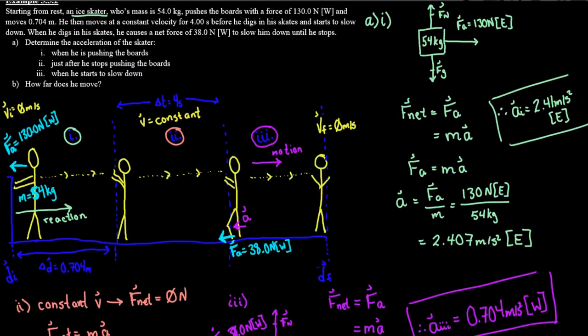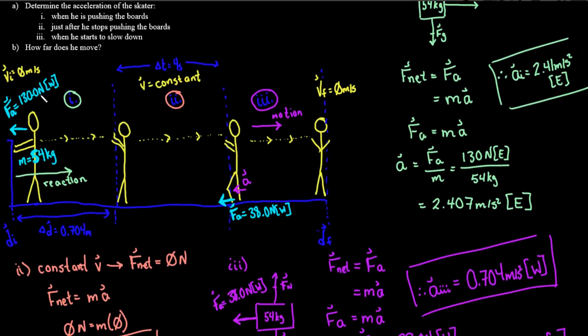So now that we have all those accelerations, we can think about all the variables that we now have over each portion in order to solve for that displacement. Okay, so I'm just going to add in here in each of our portions what we now know about the acceleration. The acceleration here is 2.41 meters per second squared east.